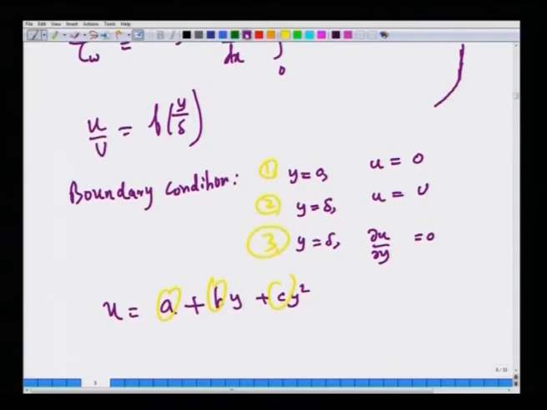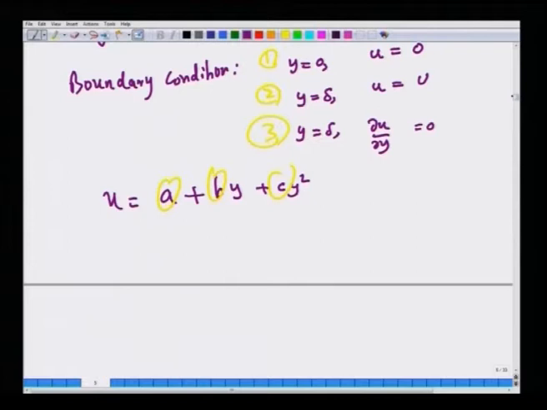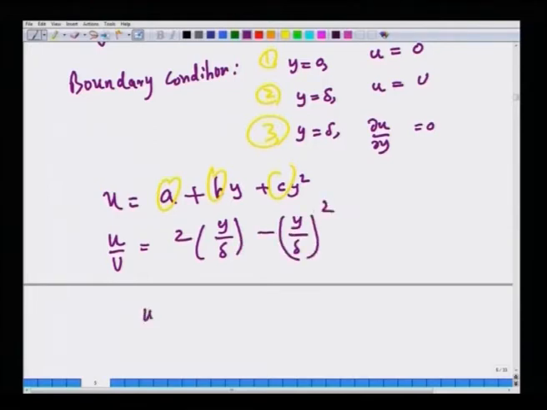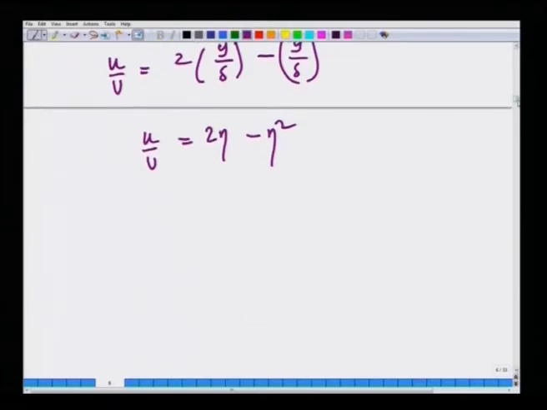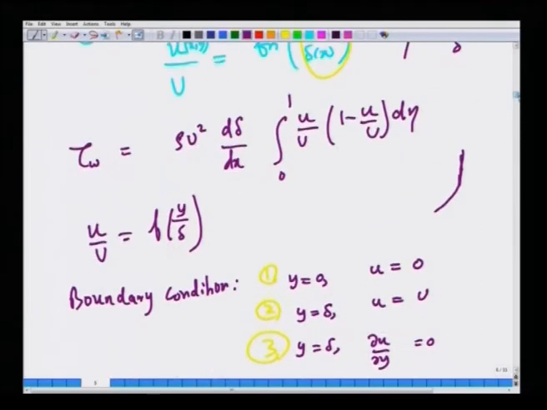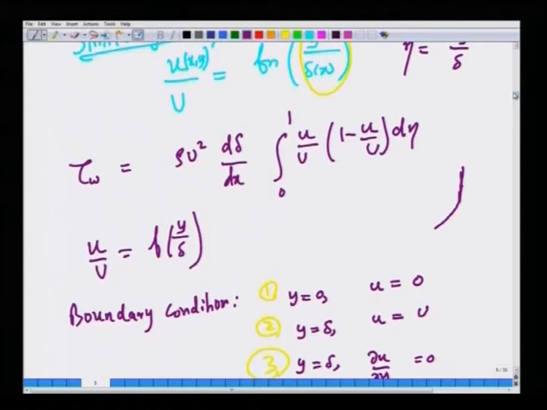Once you solve for this, we will get a functional form for u by U. U by u becomes 2 times y divided by delta minus y divided by delta squared, or u by U is nothing but 2 eta minus eta squared. Once you substitute this back in here, we can integrate this expression and get an expression for tau w.